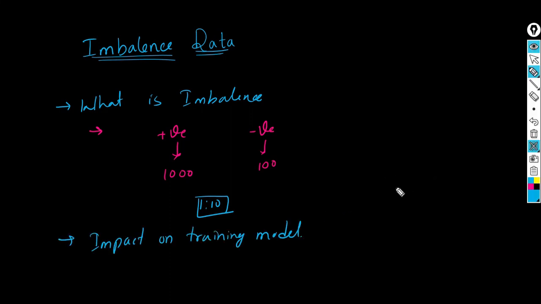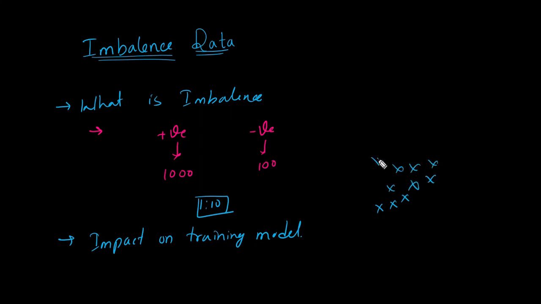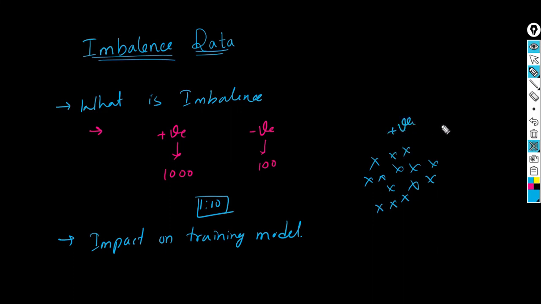Suppose we have data points like this. These are the positive points, and for the positive class we have a large number of points. Now let's consider the negative points: we have only 4.